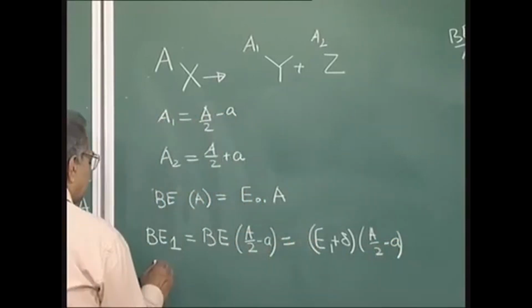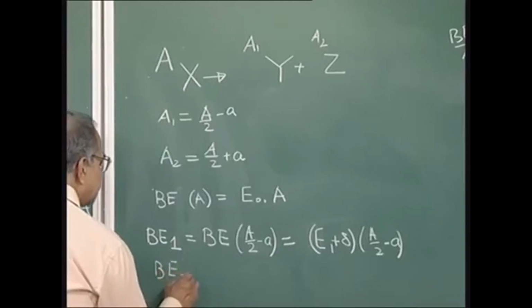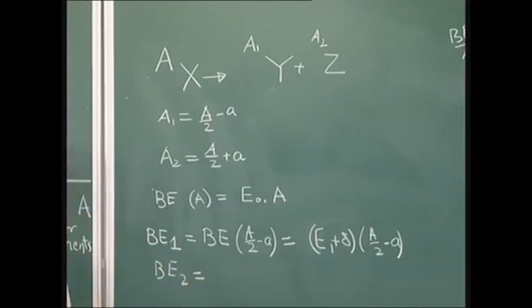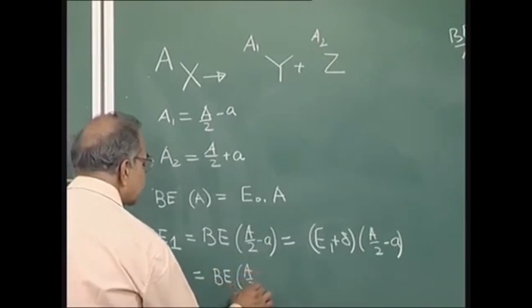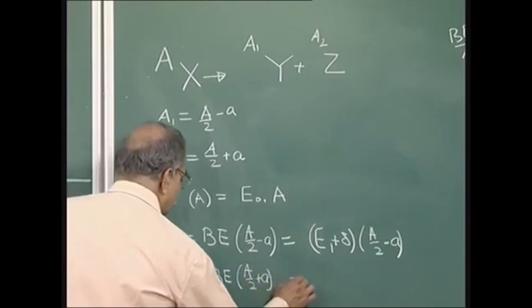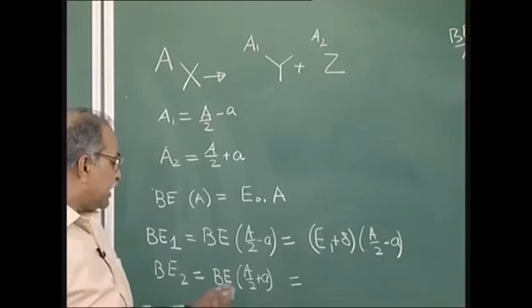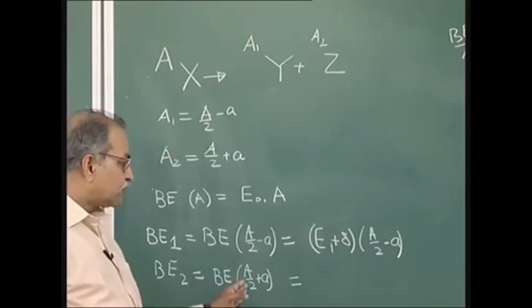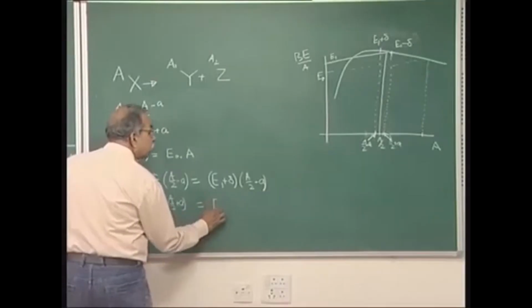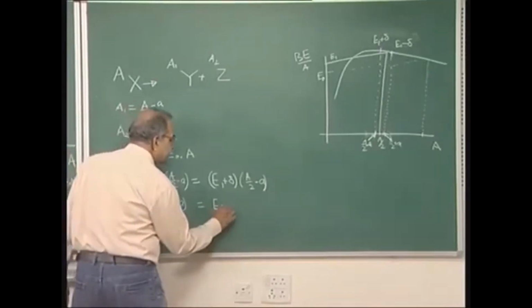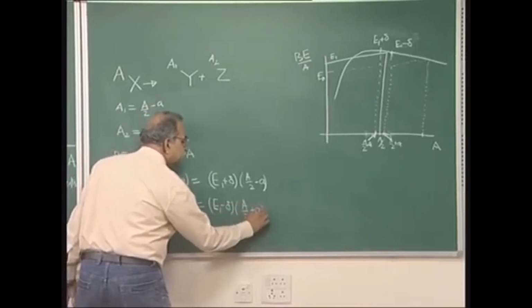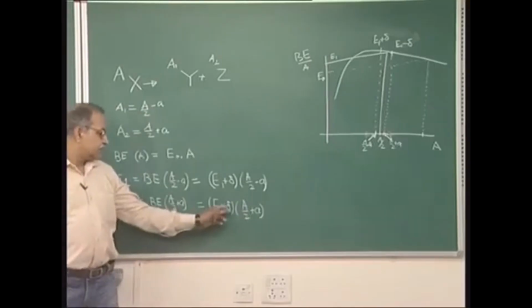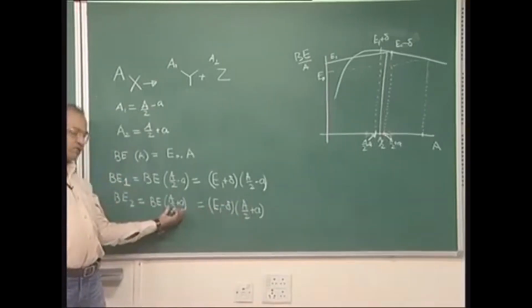And the binding energy of the second nucleus BE2, that means the binding energy of this nucleus A by 2 plus a. How much is this? This will be binding energy per nucleon multiplied by the number of nucleons: E1 minus delta, and multiplied by A by 2 plus a, right. So, E1 minus delta is the binding energy per nucleon at this mass number, multiplied by the number of nucleons.